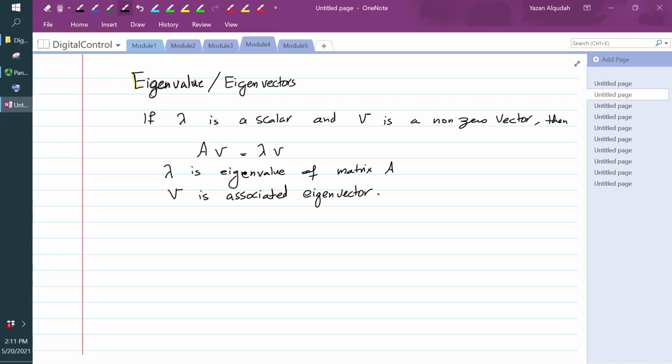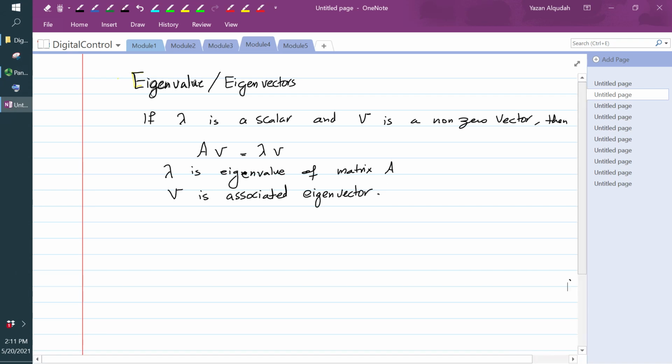What does that mean? So if I have a matrix A, if I multiply it by a vector, and after I multiply this A by the vector, I take that vector, multiply it by a scalar value, and I get the same results in both cases, I call lambda the eigenvalue, and I call v the eigenvector.